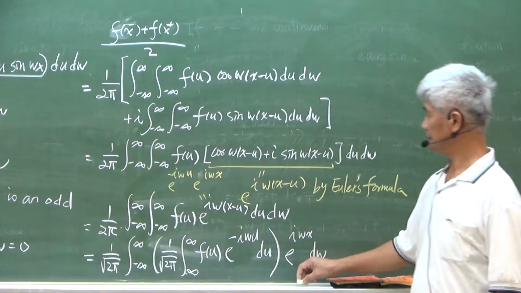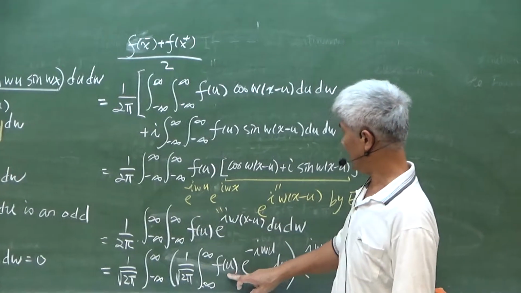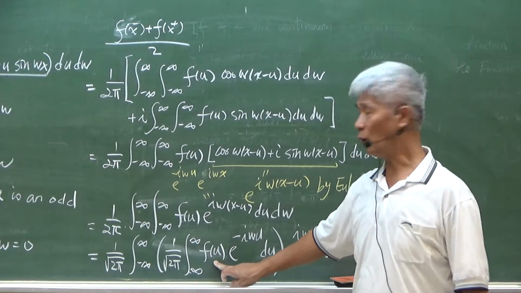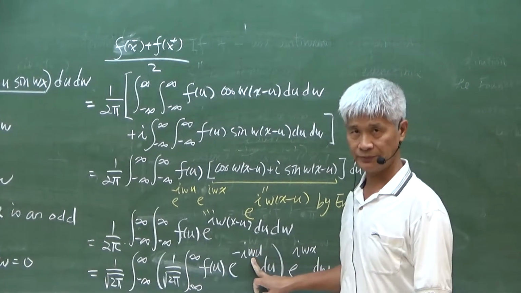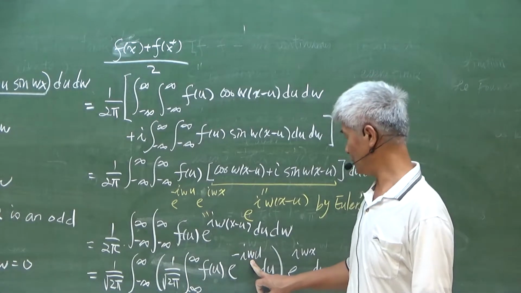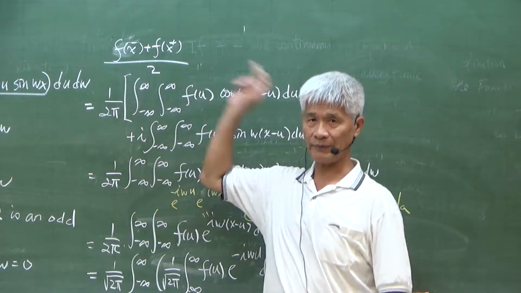So now we have that f of x can go over this transform to a function of w, and then you go over another transform to get back to f of x.